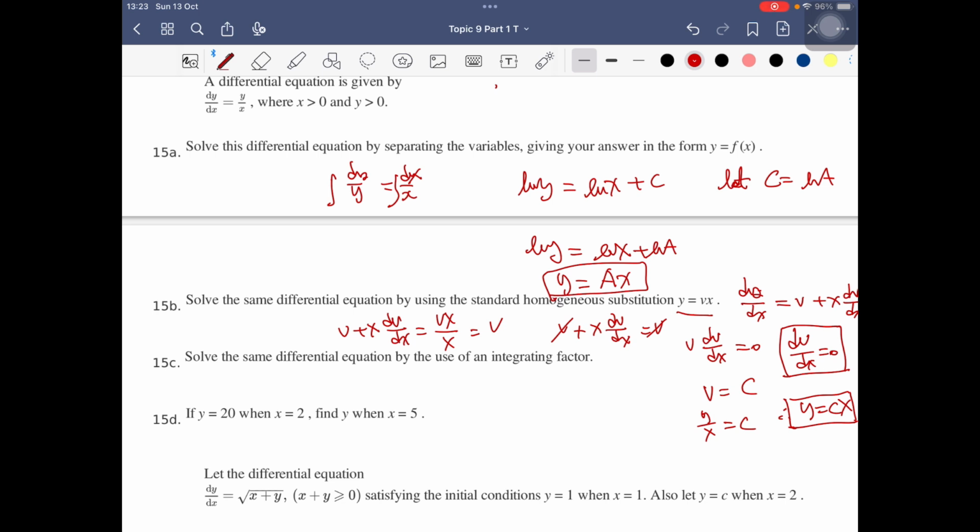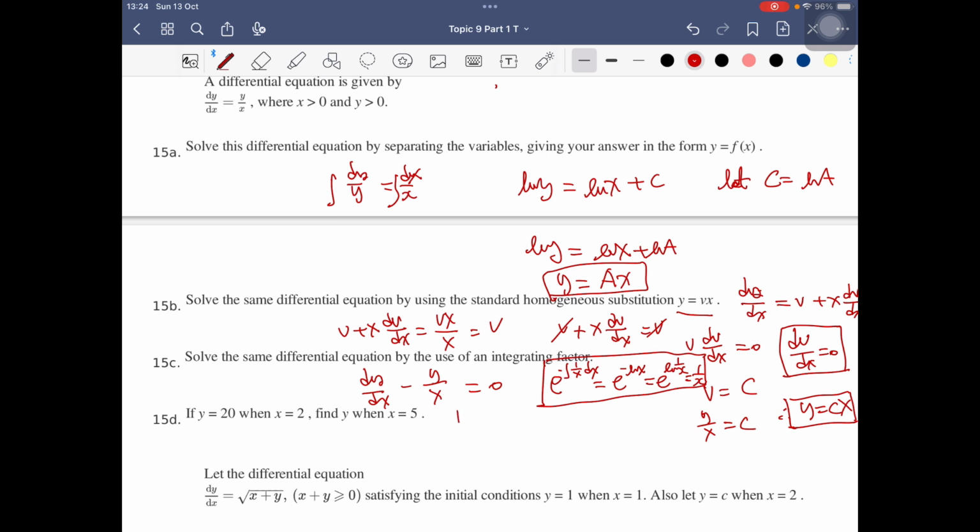And for the differential equation, the integrating factor, dy over dx minus y over x equals 0: e to the power of the integral of negative 1 over x dx, that is e to the negative ln x, which is e to the ln 1 over x, so it becomes 1 over x.